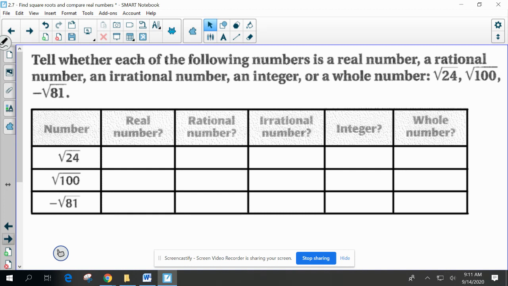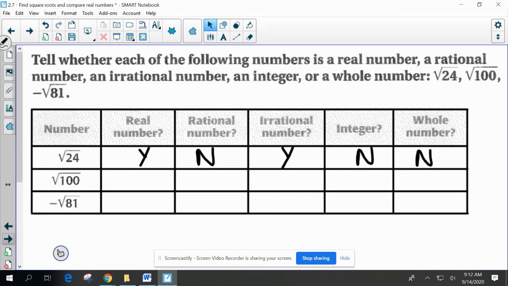It's just 8, 8, 9 repeating. Okay, so is that a real number? Yes. Is that rational? No. Is it irrational? If it's not rational, it's got to be irrational. Those have to be one or the other. Is that an integer? Is an integer a decimal? No. And is it a whole number? No.